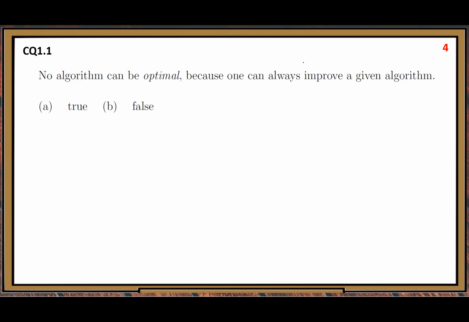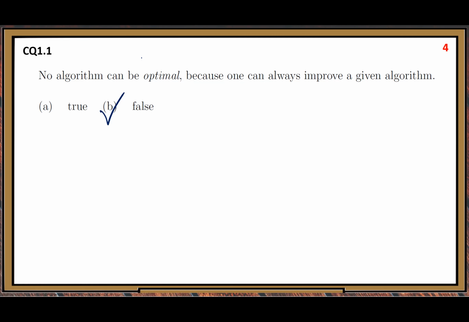If you just use our previous example, then your answer is false, right? Because in our previous example, we completed it: we have an algorithm and we proved it is optimal.